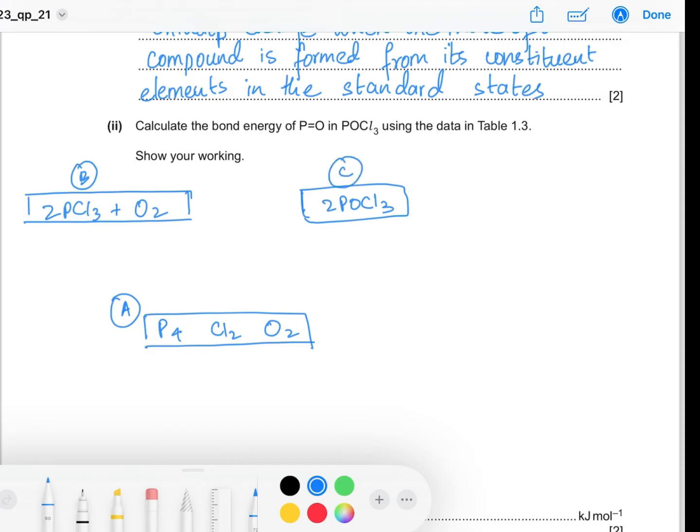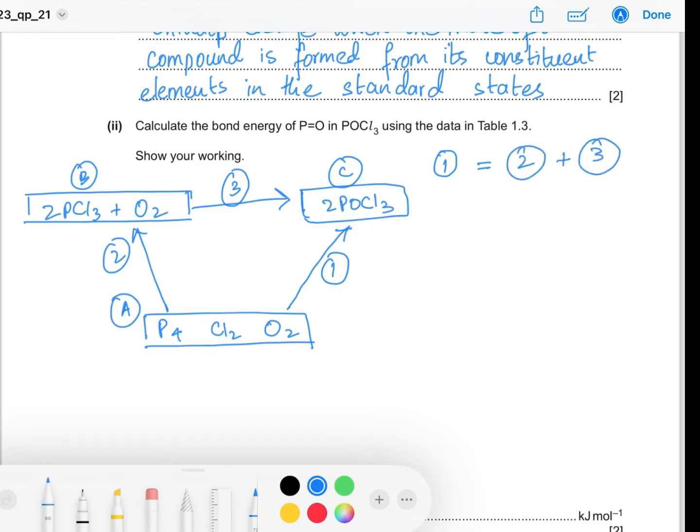According to Hess's law, the energy change between going from the elements directly to the products is the same as the energy change when you go from the elements to the reactants and then reactants to the products. What that means is energy change in first step is equal to the sum of energy changes between the second step and the third step.